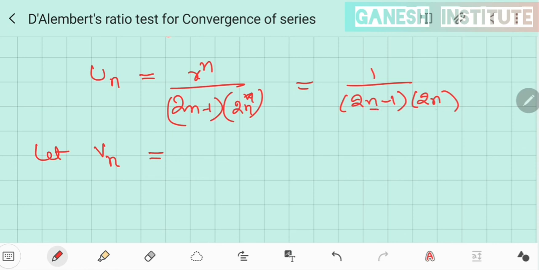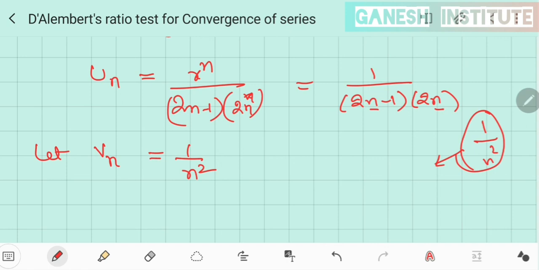So if you see n and n, this is having highest degree of n as 2, n square, right? It would be somewhat in the form of this. So you need to take this form for vn. So this value is 1 by n square. Now you need to find out whether vn is convergent or divergent in order to check whether un is convergent or divergent.